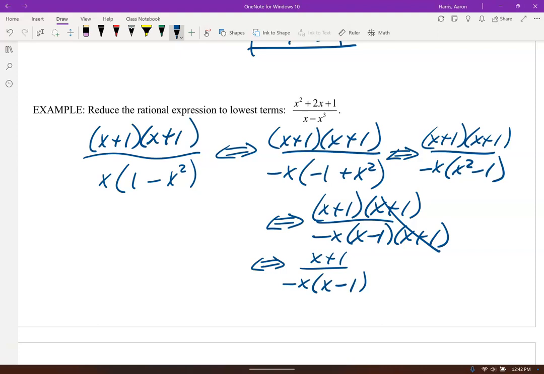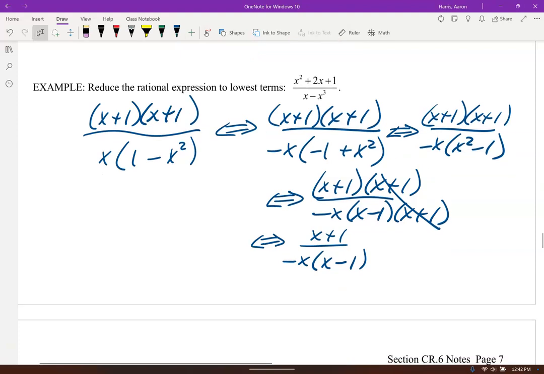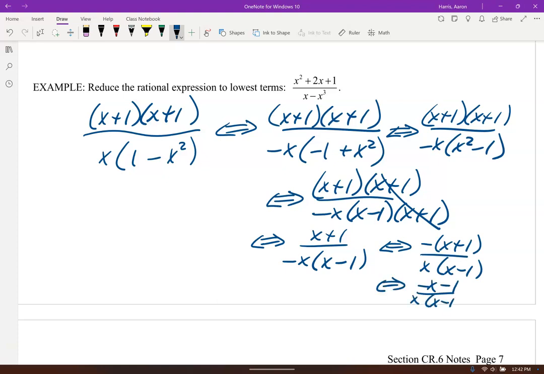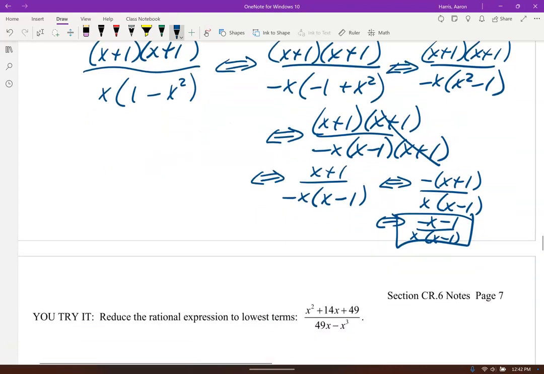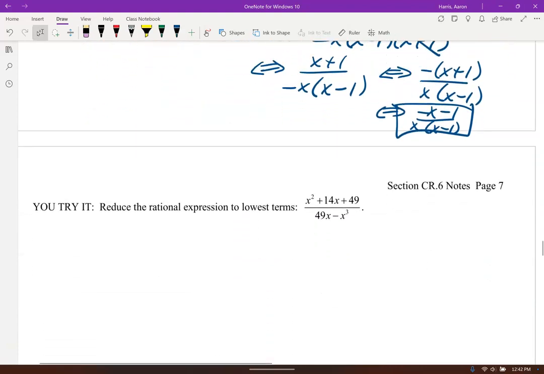Well, I would prefer to take that negative up top. So this actually ends up being negative x minus 1 over x, x minus 1. What I like to put in, that'll be correct. Or you could have x plus 1 over x, parentheses 1 minus x. Any of those would be proper.